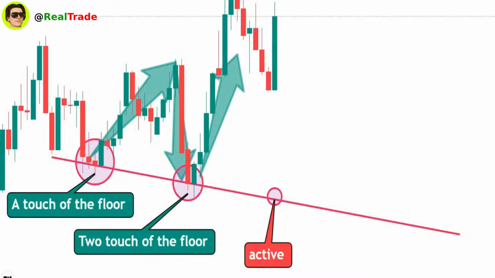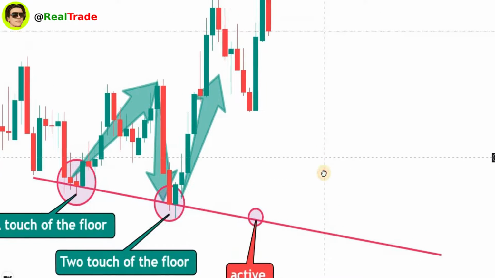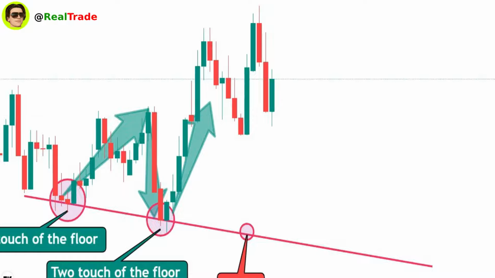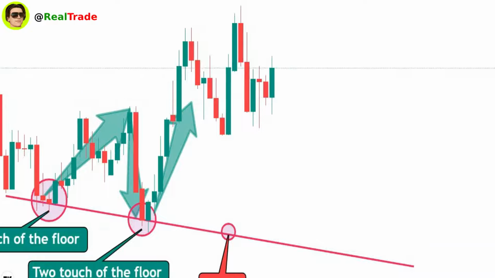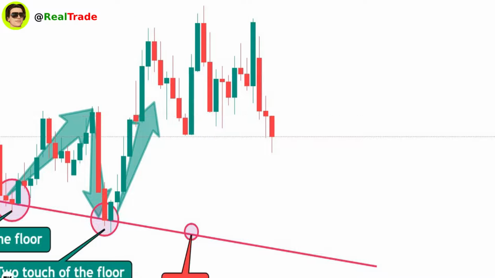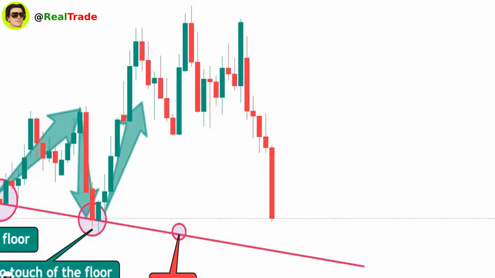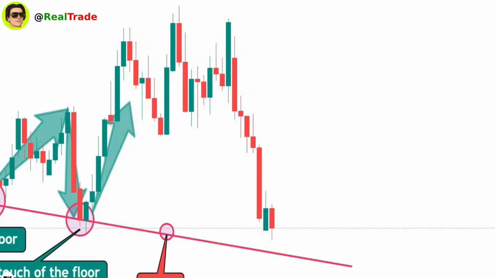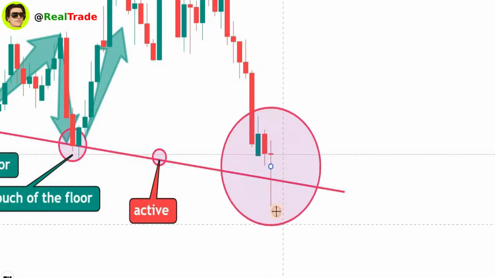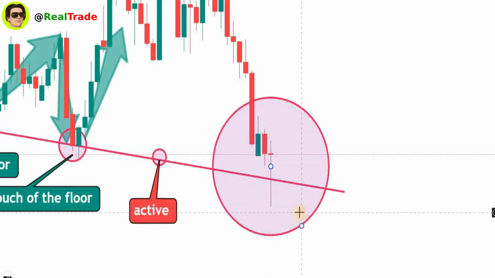Yes, this point. Price comes. Next candle. Yes. This candle is a fat line.